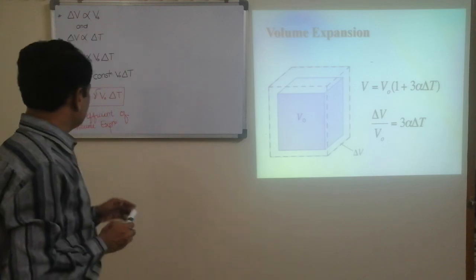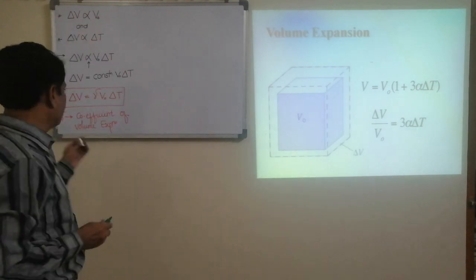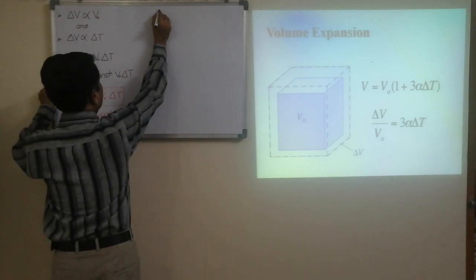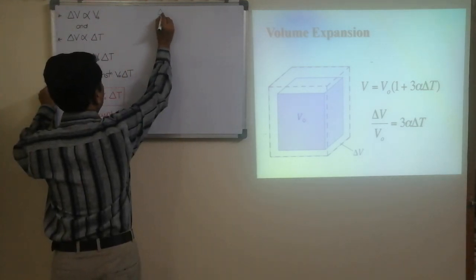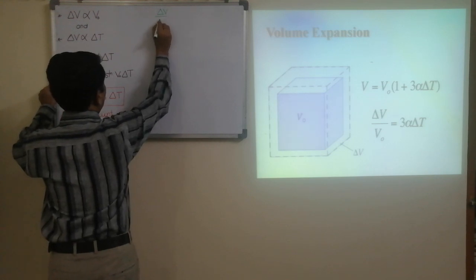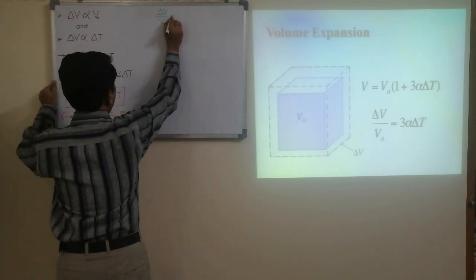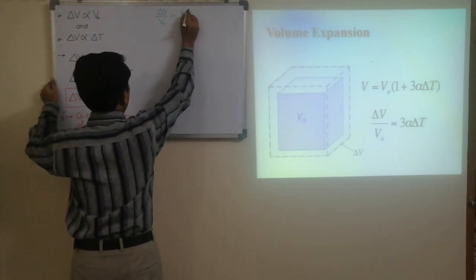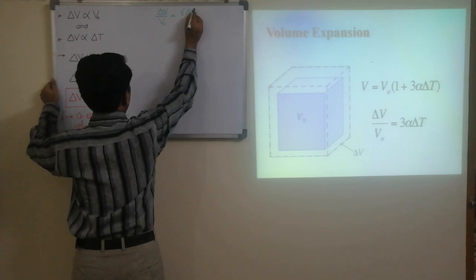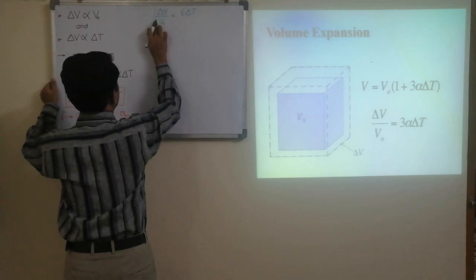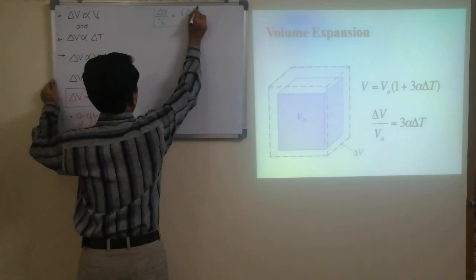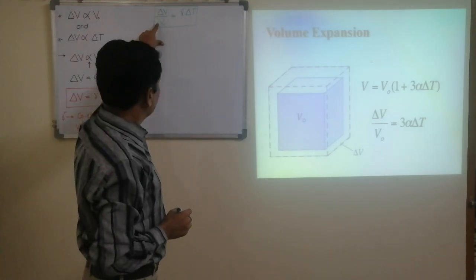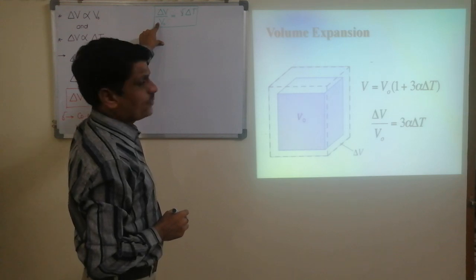I think there is not much difficulty to analyze here. If I bring this V0 to this side, then delta V by V0 is equal to gamma into delta T. This is nothing but the change in volume divided by the original volume.